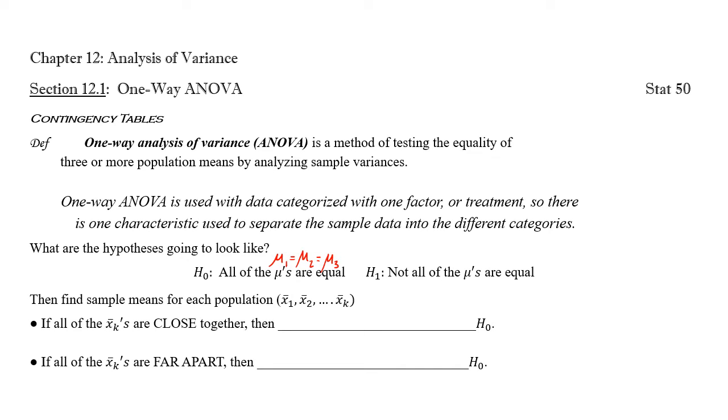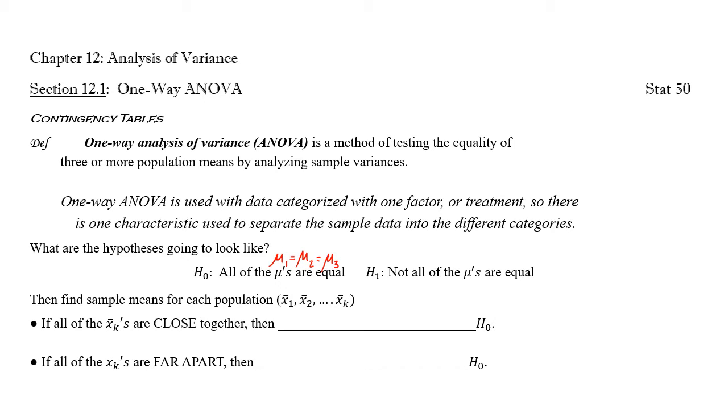Or maybe I have more than 3, so you can imagine an equation that says all the mu's are equal to each other. And the alternative hypothesis is that at least one of those means is not equal to the others. So at least one of the means is different would be the conclusion we would draw if we were to reject the null hypothesis.